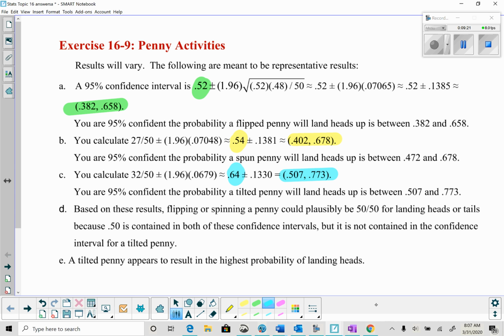Set that penny up so that the heads is facing the same side of the table and hit the same side of the table over and over again. Theoretically, if you get enough patience there, you could get 50 out of 50. Whereas flipping the coin or spinning it seems to be a little bit more random.